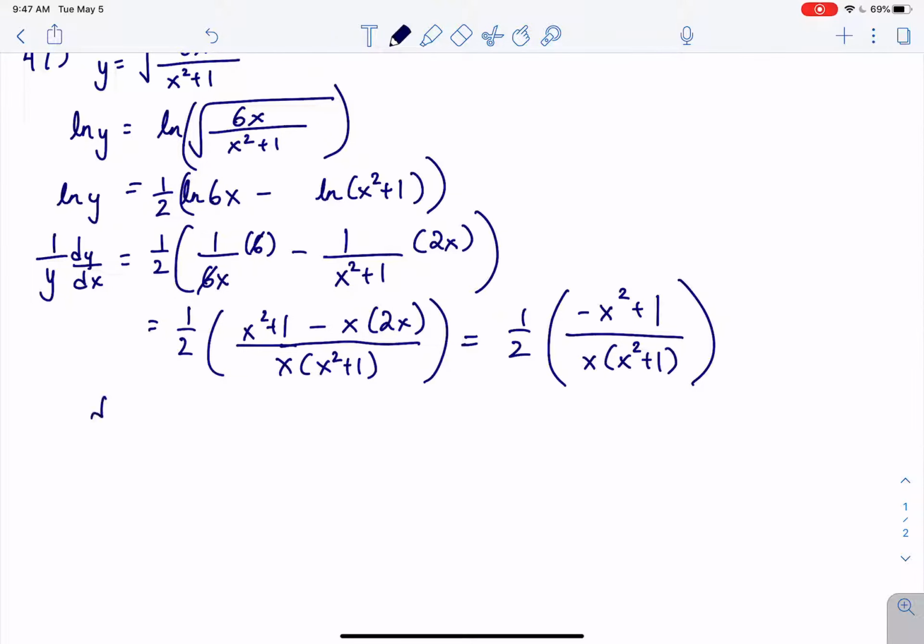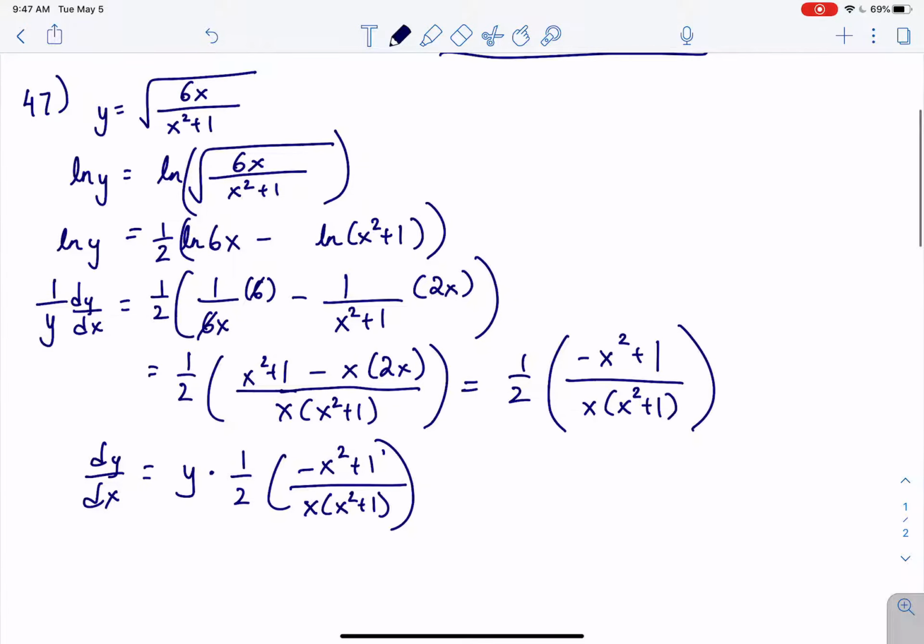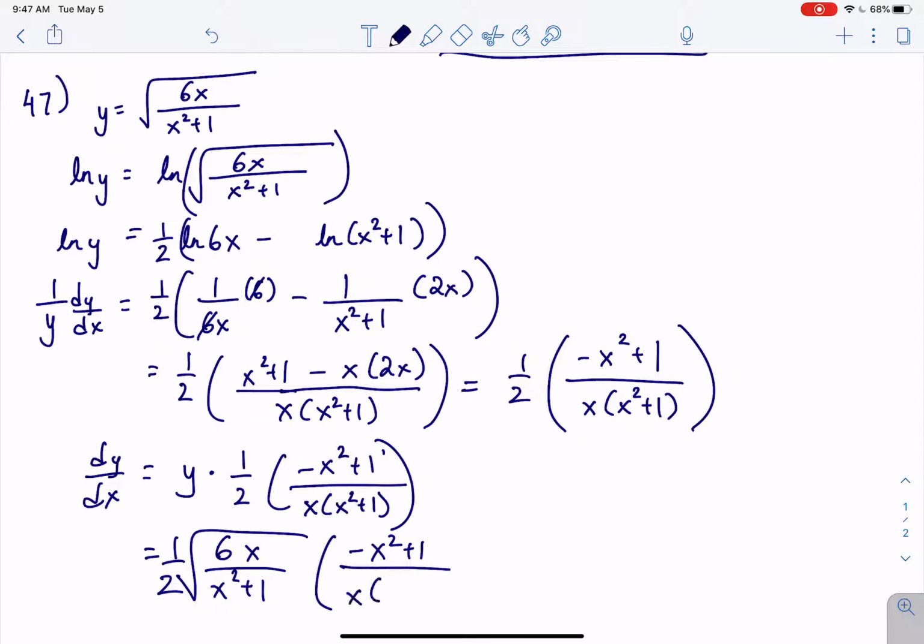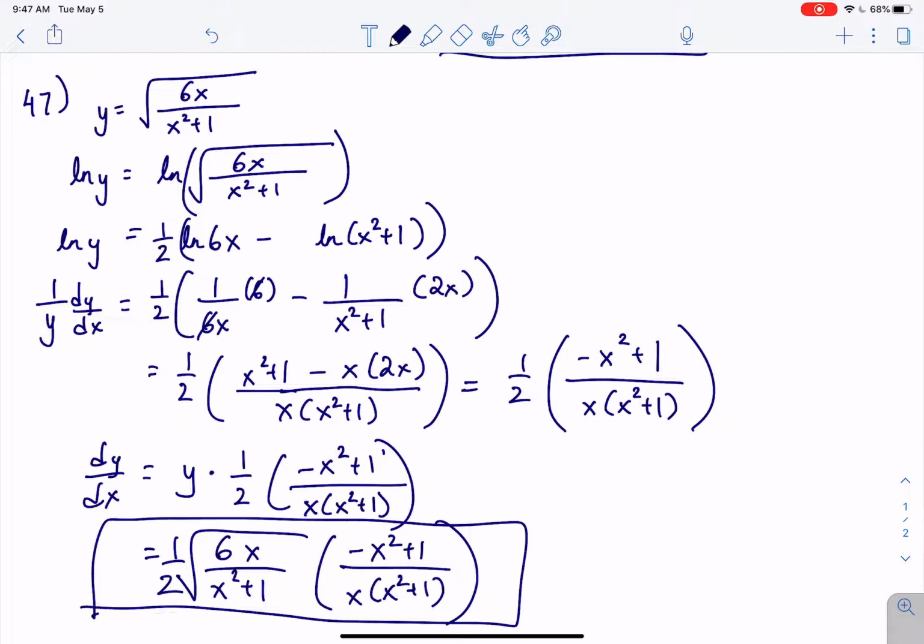And we can multiply by y on both sides. And we get y, we need to substitute that back in. Put a 1/2 here. And then negative x squared plus 1 over x times x squared plus 1. And we get our derivative.